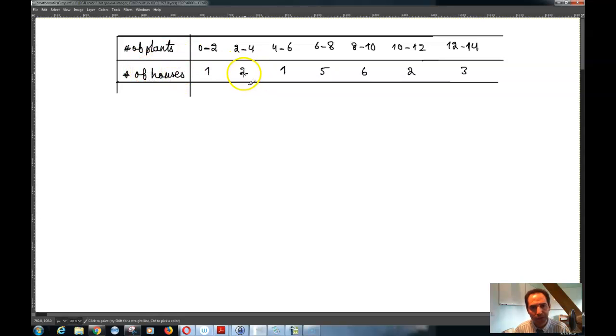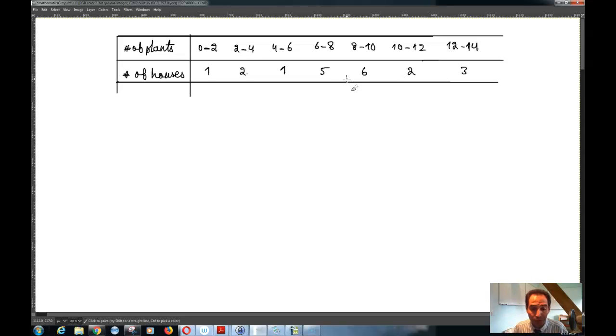The number of plants in 2 houses has been some number between 2 and 4, actually 2 or 3 in this case. The number of plants in one house has been some number either 4 or 5. The number of plants in 5 houses has been some number either 6 or 7, or 8 or 9 in 6 houses, and so on and so forth.